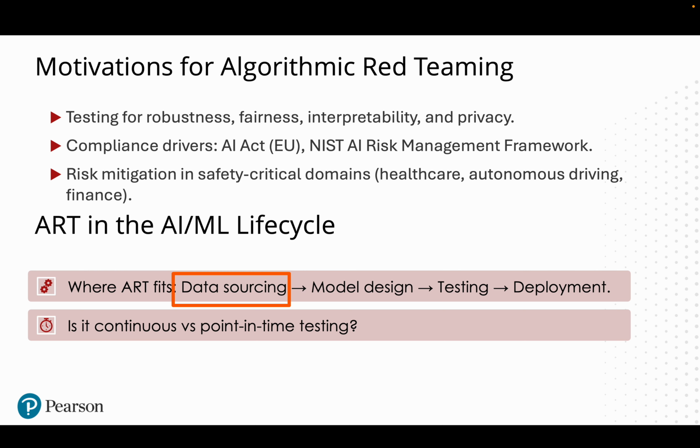During validation, there are unseen edge cases that your validation set misses. And during deployment, users can input adversarial prompts or images, and that would change the whole structure. That means a strong algorithmic red teaming strategy covers the whole life cycle. It's very important to remember.